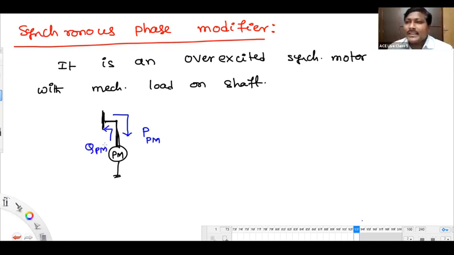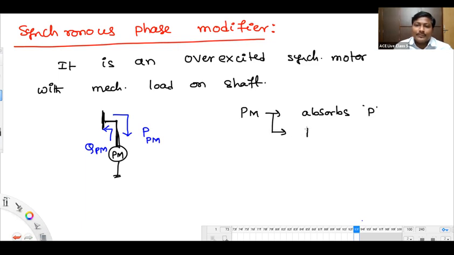Okay. So the phase modifier absorbs real power, but delivers reactive power.